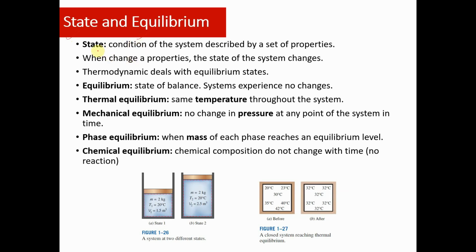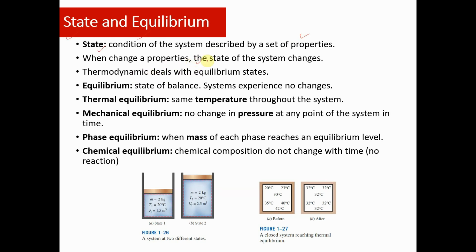So the state is the condition of the system described by a set of properties. In other words, all the properties of a system have fixed values at a certain state. If the values of the properties change, the state will change to a different one.